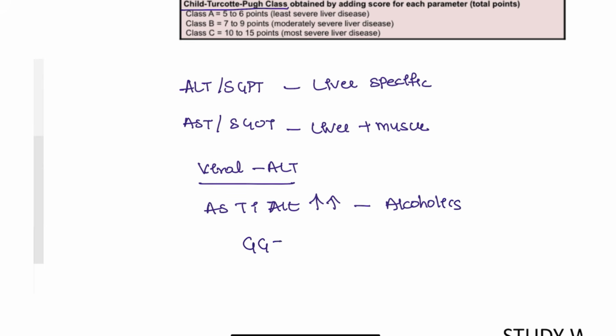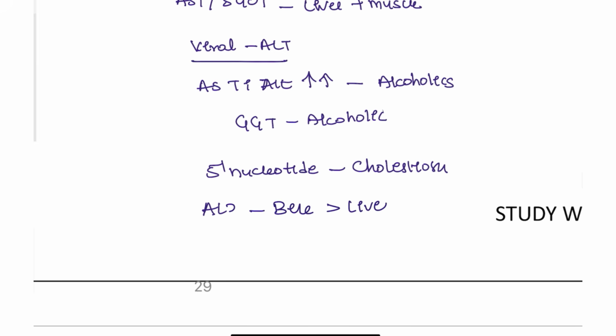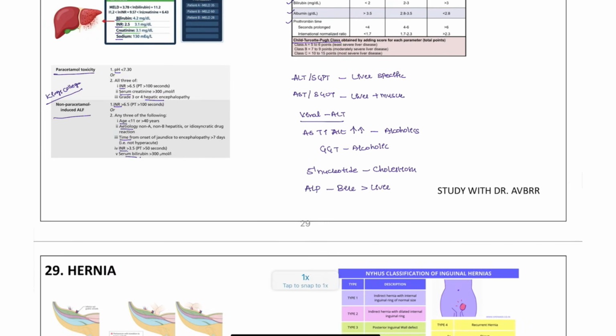There is a chronic marker, GGT, which is again positive in alcoholics, and 5 nucleotidase is present in cholestasis. And ALP is more important for bile-related disorders than liver disorders. Okay, these are the points.